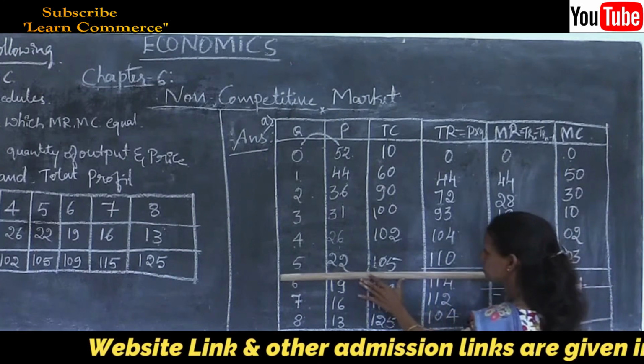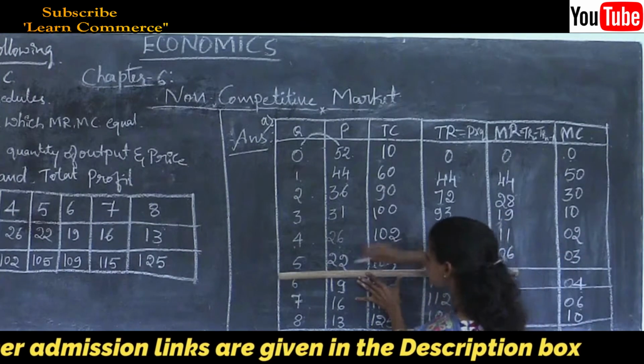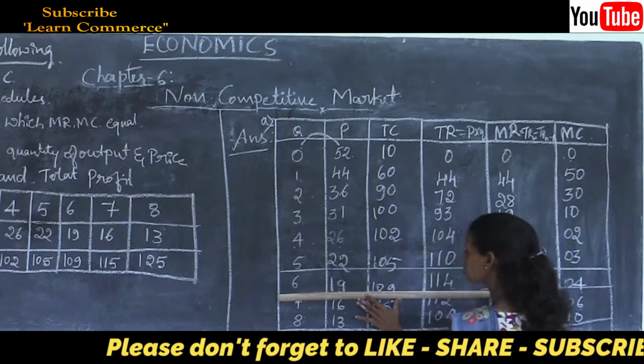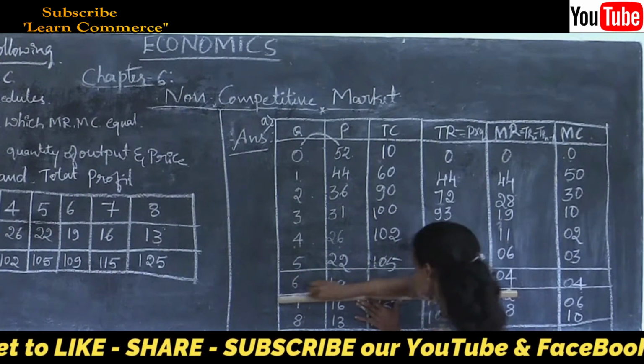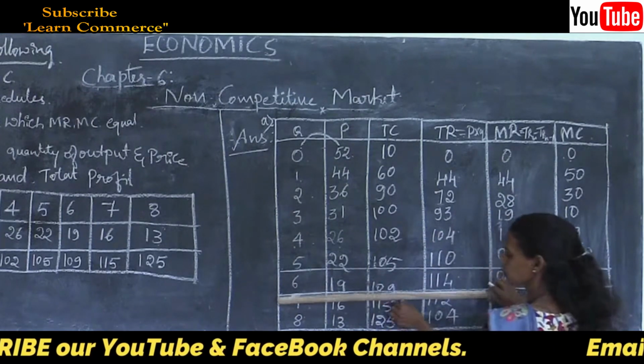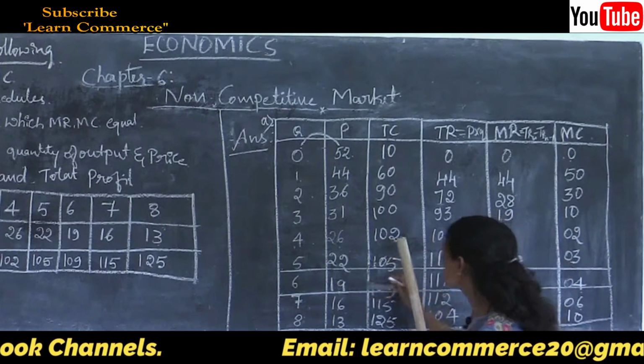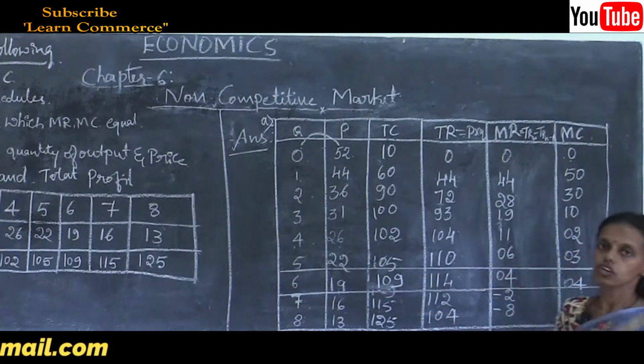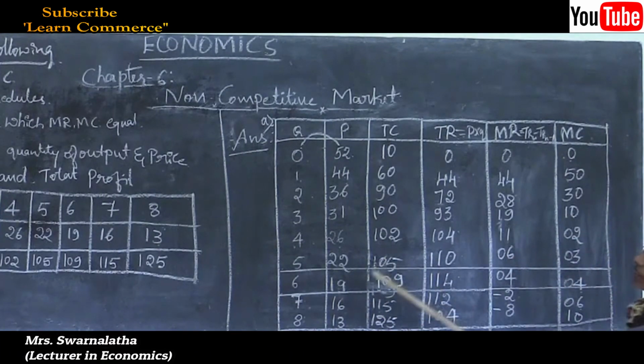Where is it equal? See here, at the 6th unit of production; the quantity produced is the 6th unit. Concentrate properly here.